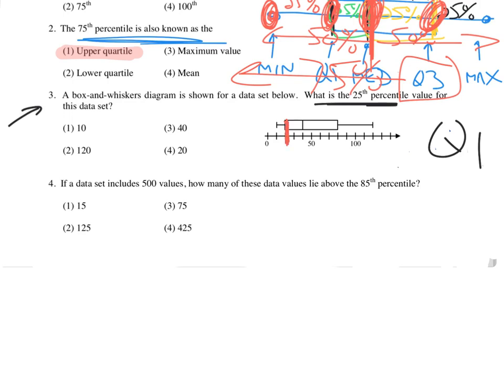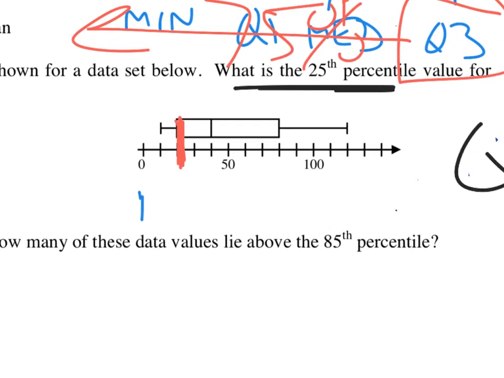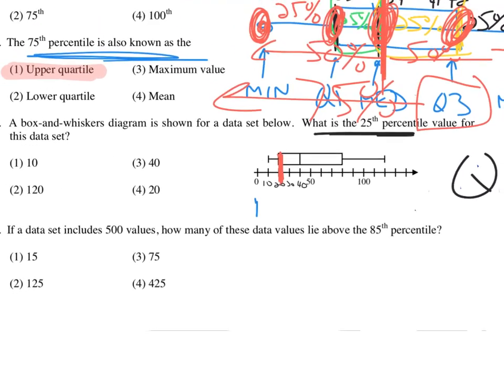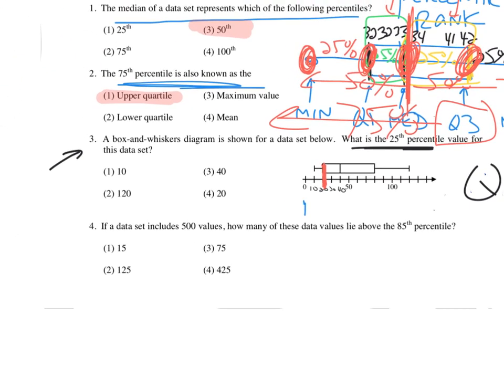So the lower quartile is right there. So we have a number line from 0 to 50 with 4 sections in between. So it looks like we're going to have 10, 20, 30, and 40. So we're going to say that the lower quartile corresponds to 20.